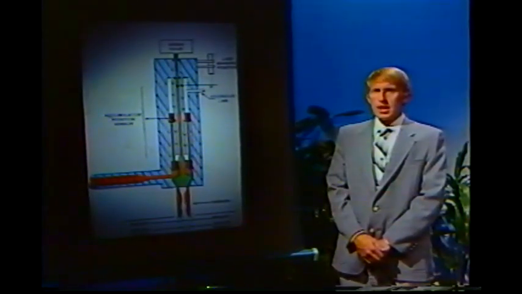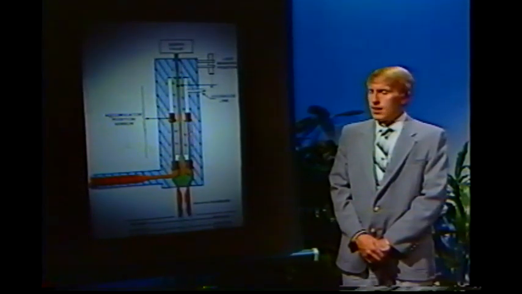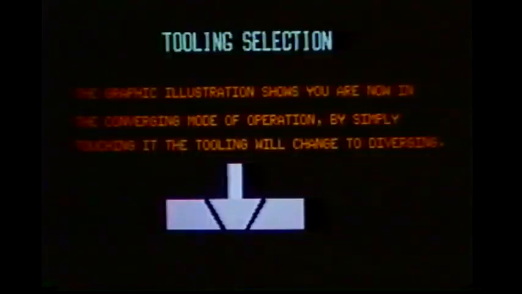Say for instance our machine has converging tooling in. Then you might have a screen come up such as this one with a picture of converging tooling, with the caption above it reading, "The graphic illustration shows you are now in the converging mode of operation." By simply touching it, the tooling will change to diverging.